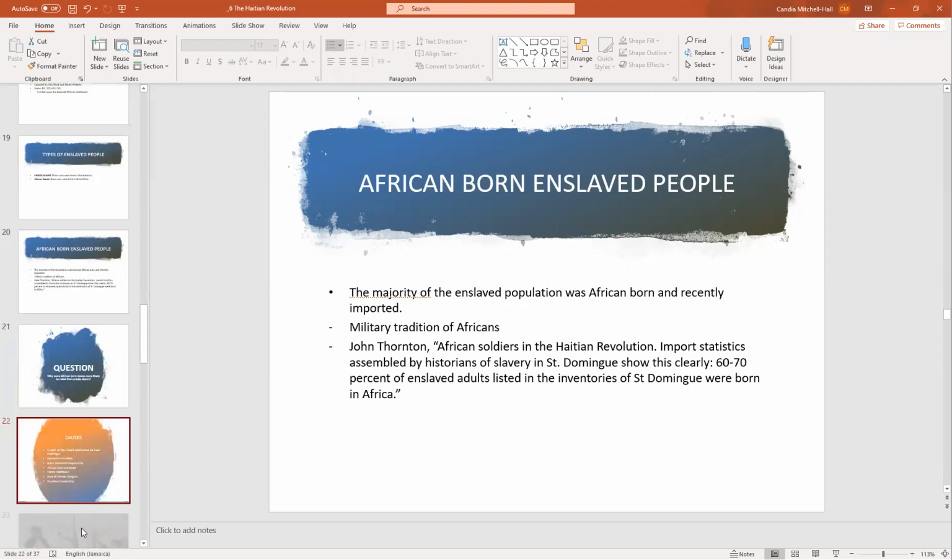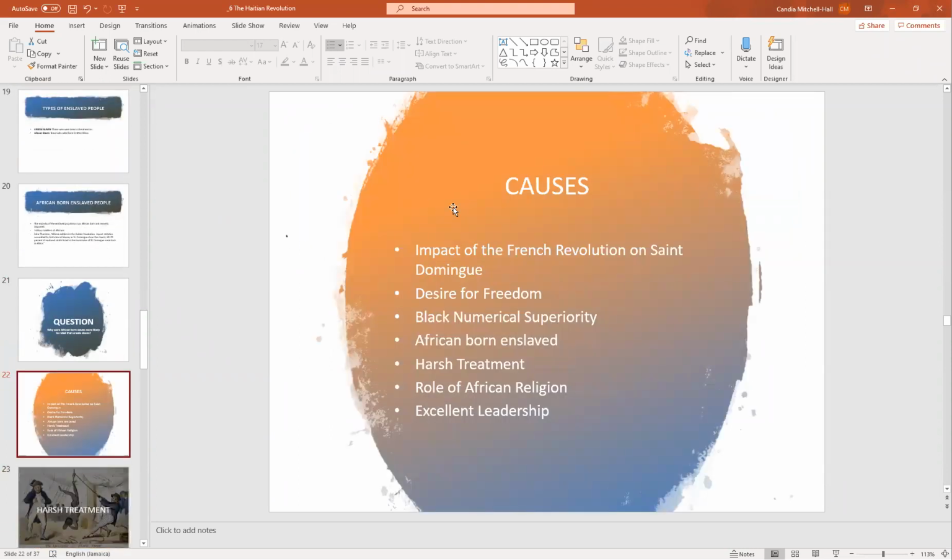So if we look again at the causes: one, the impact of the French Revolution on Saint-Domingue. Two, the desire for freedom. Three, Blacks had the numerical advantage, Black numerical superiority. Four, African-born enslaved people.